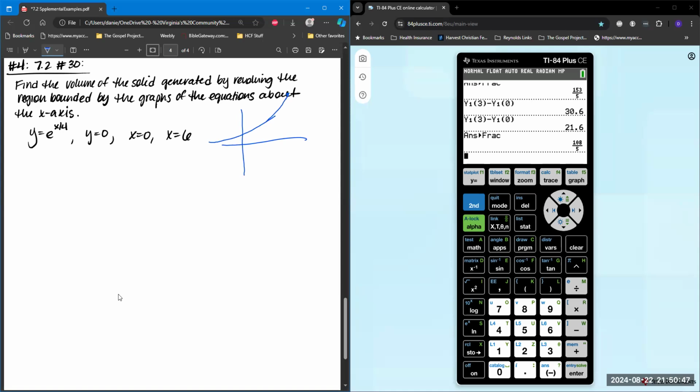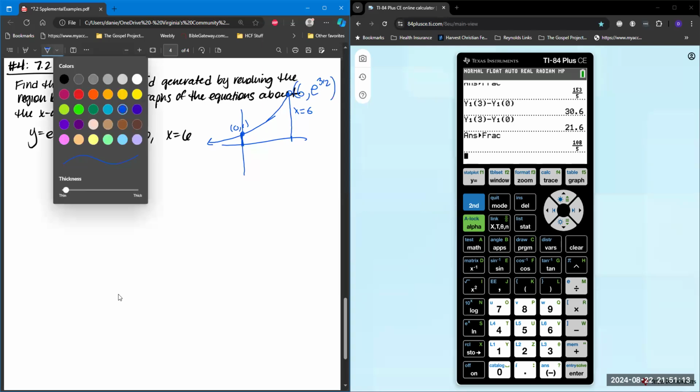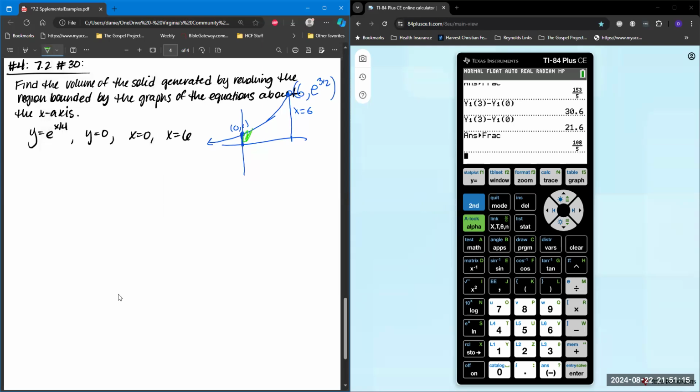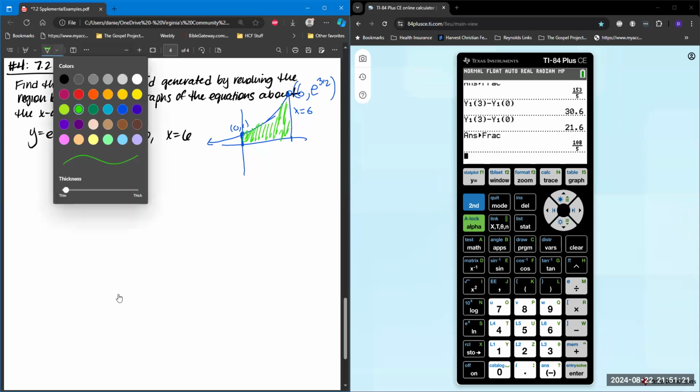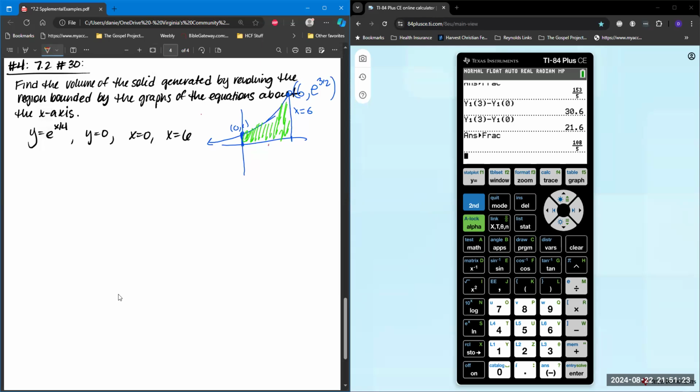It's rising like that, goes through 0, 1, goes through 6, and then e to the 3 halves up there. X equals 0 and x equals 6. So we're looking at this region right here. We're revolving about the x-axis here.